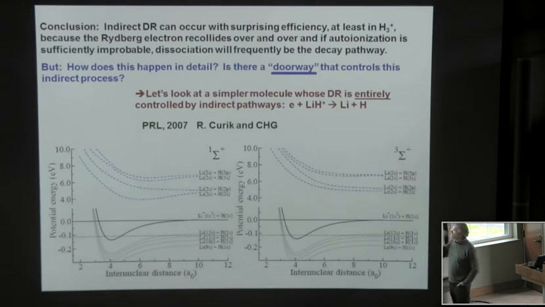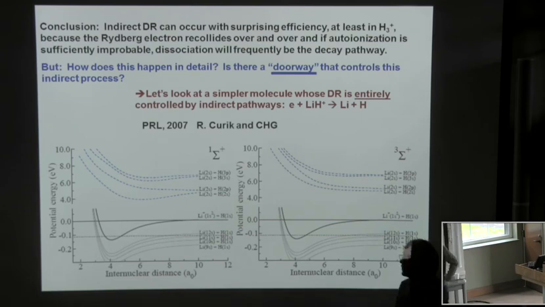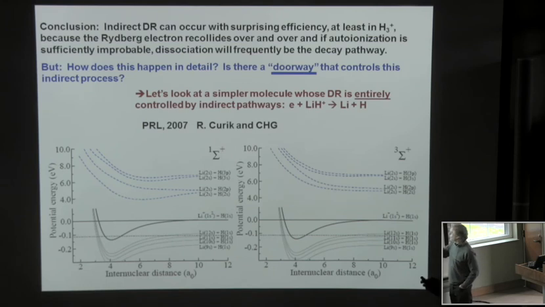We've also applied these ideas to other systems, partly to just see if this toolkit we developed for H3+ is working for other molecules as well. One of the ones we treated, where there were initially some puzzles, disagreement between theory and experiment, is the lithium hydride ion, which is an interesting molecule.